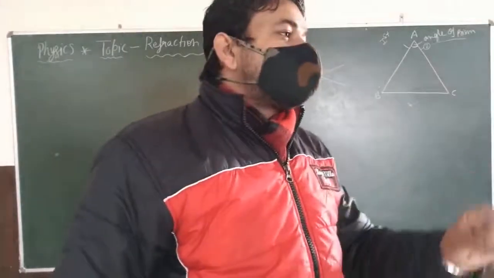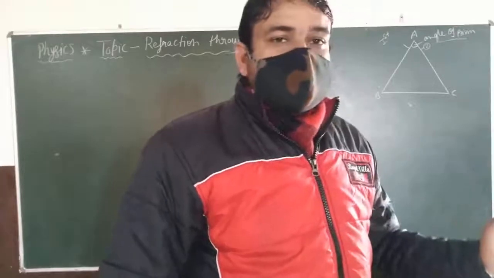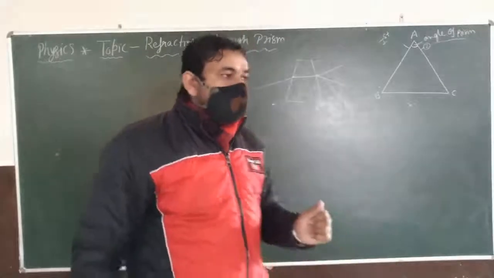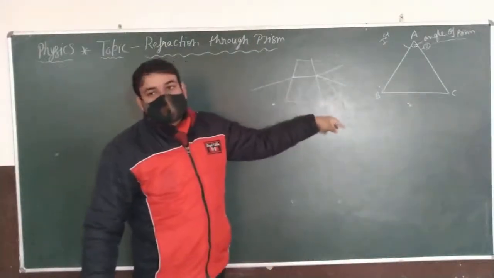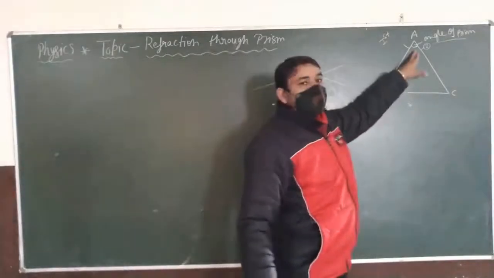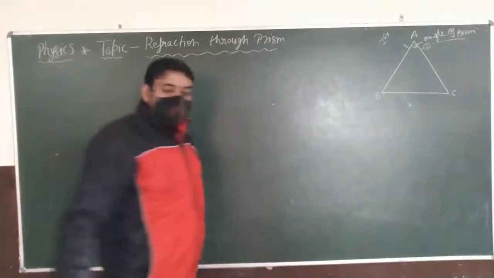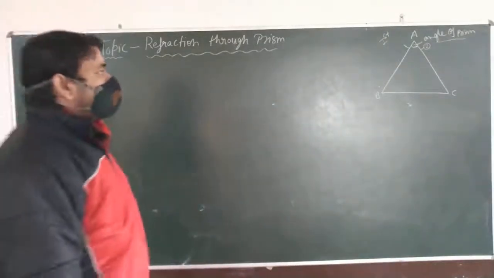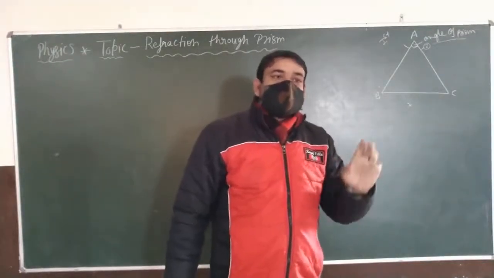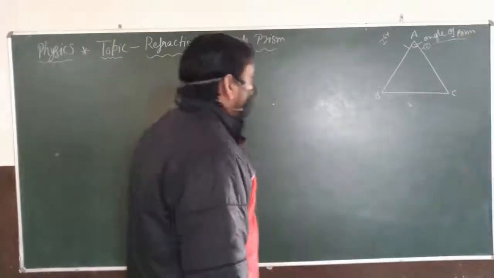This is the speciality of a prism, to bend the emergent ray towards the base after traveling from denser to rarer medium, and this is because of the angle between the two refracting surfaces. As you will discuss in the 10th class, by using two inverted prisms, you will get the recombination of white light.